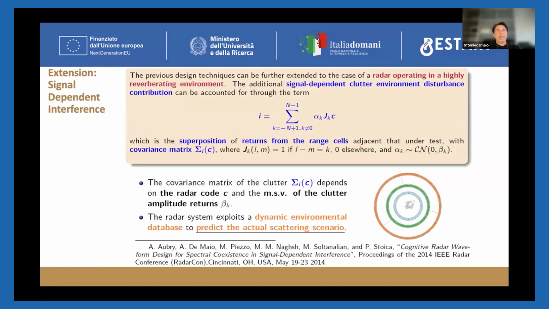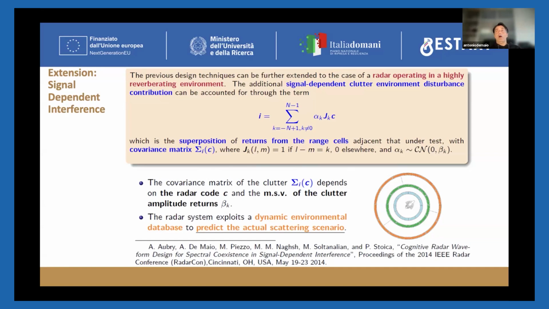Another important extension which is necessary to mention is the case of signal-dependent interference. Till now, we have focused on the case where the disturbance perceived by the radar is due to external interference sources like jammer or hot clutter.